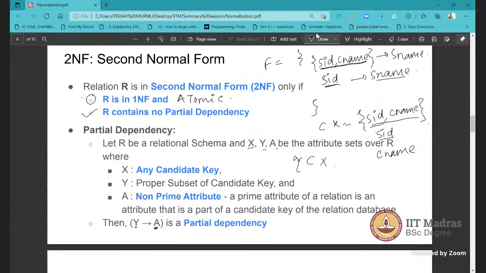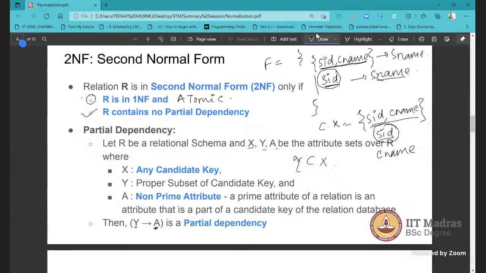And you can see this SID determines a non-prime attribute, that is SNAME. SNAME is a non-prime attribute, and this is a proper subset of the candidate key. If a proper subset of any candidate key determines any non-prime attribute, then it is called a partial dependency.